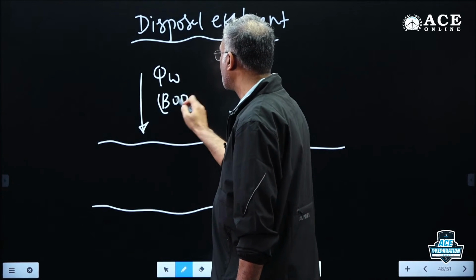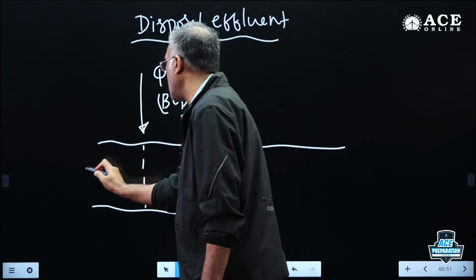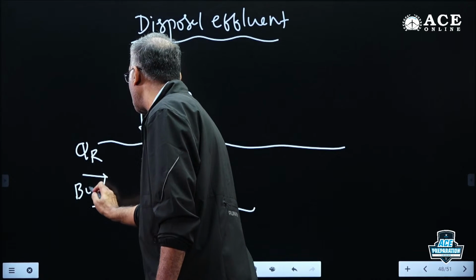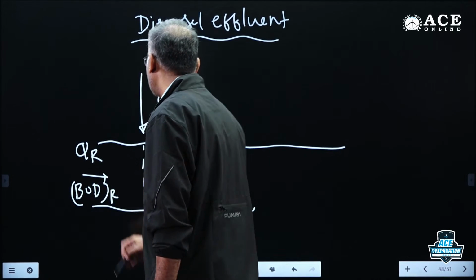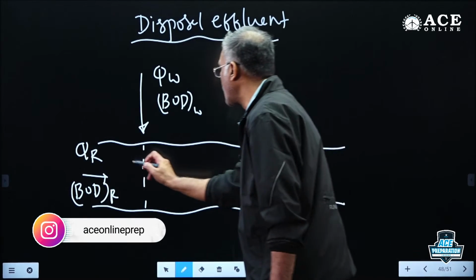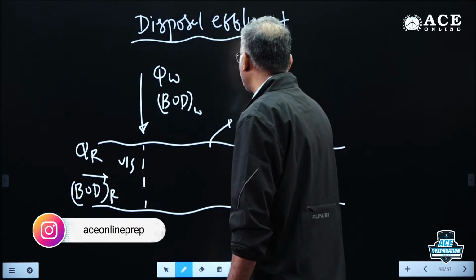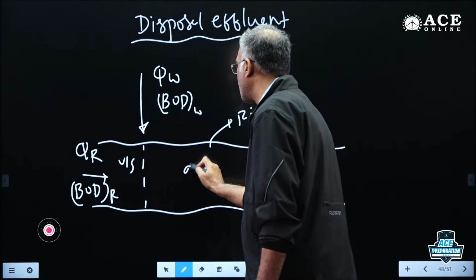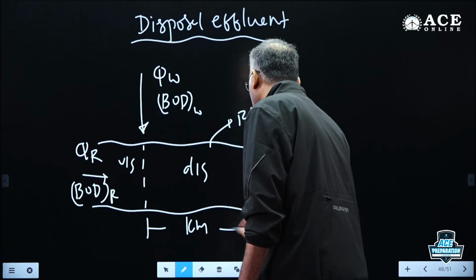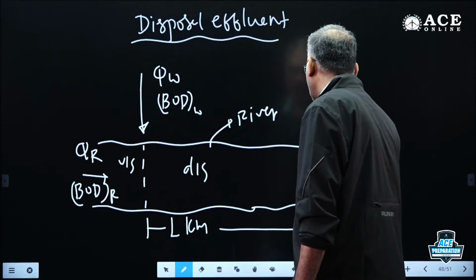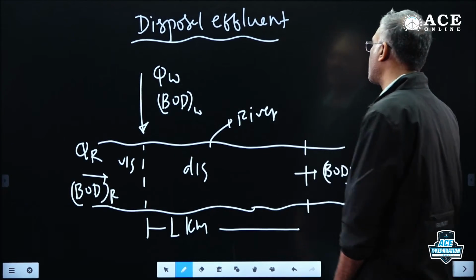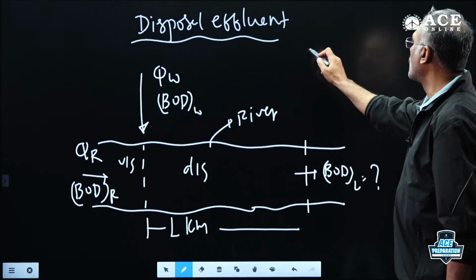The BOD of the wastewater, it could be ultimate, goes into a river whose upstream flow is Q and whose upstream BOD is the BOD of the river. Then what amount of BOD is there at the downstream side, L kilometers downstream? What amount of BOD remained in the river at L kilometers, you are expected to work out. If that is the case, how to find out?